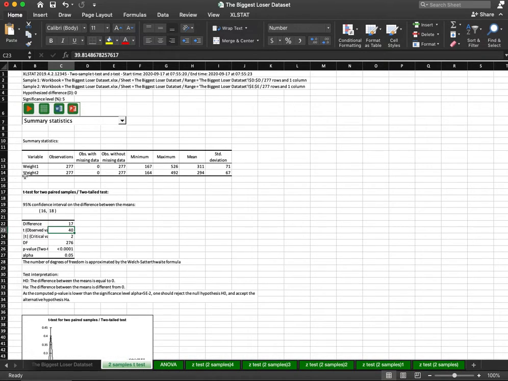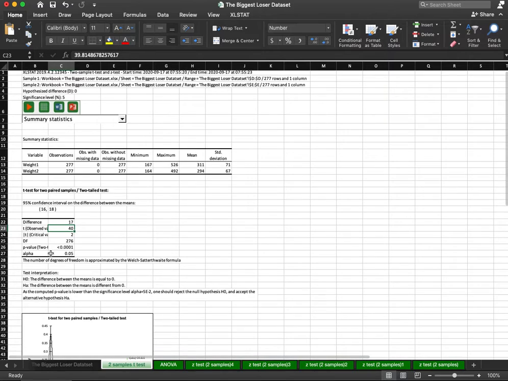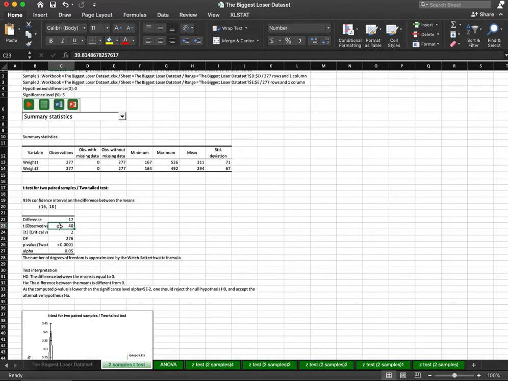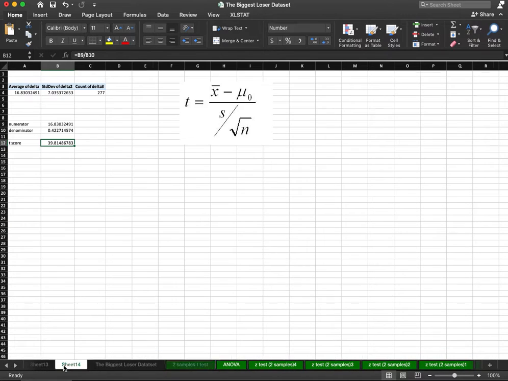Comparing weight, is there a difference between weight 1 and 2? The t value here is 39.8, and the t value that we calculated is 39.8. They're the same. So we can calculate these things directly. It's just a little tricky sometimes figuring out how to get these values, but that's what the pivot table can help us with.